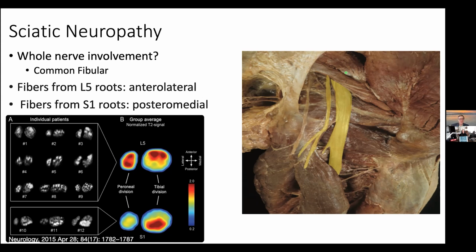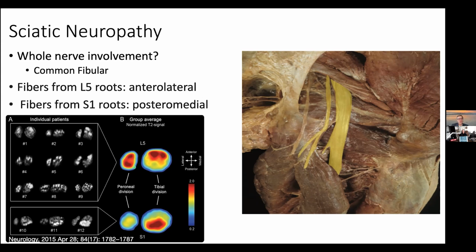It's also interesting to note here that they've begun to map the root contributions, and it appears, if you look at these images on the left, that the L5 roots take a more anterolateral position, whereas S1 takes a more posteromedial location.